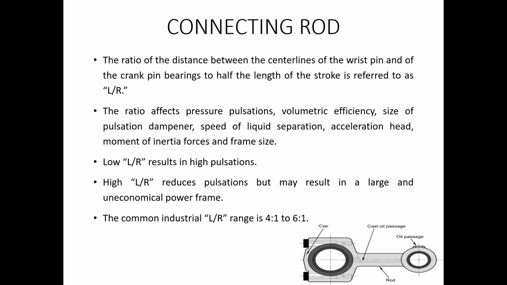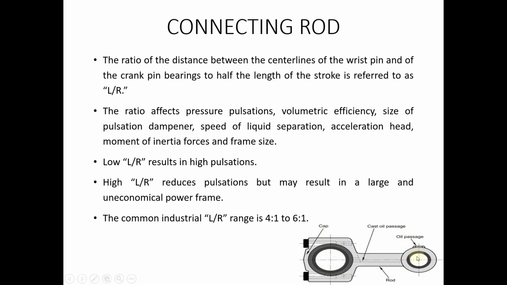Now there is an important ratio known as the L by R ratio. L is the distance between the center lines of the wrist pin and the crank pin bearing. Simply telling, it is the distance between the center line of the small end and the center line of the big end.